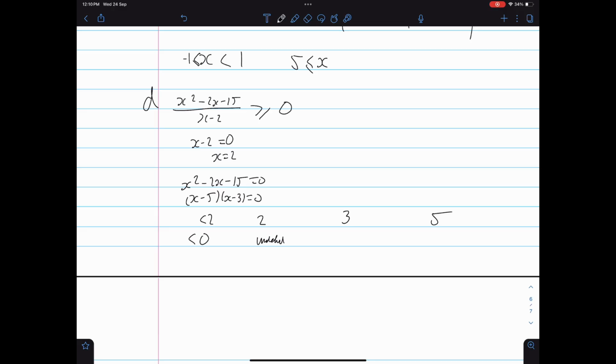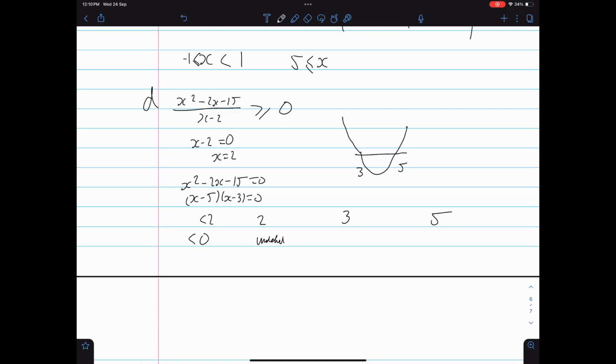Between 2 and 3, you'll be getting a decimal on the bottom, so that'll make the thing on top rather large. Well, you know that between 2 and 3, this parabola on top crosses at 3 and 5.